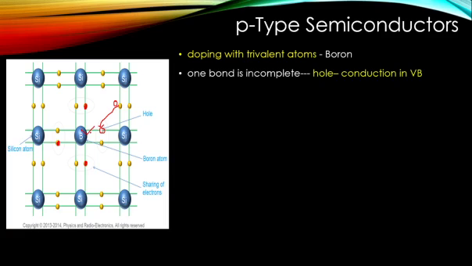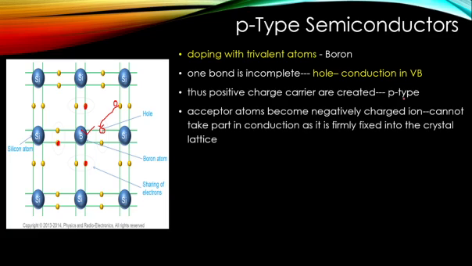So in the case of a p-type semiconductor, one bond is incomplete, and that is called a hole, which will enable conduction in the valence band. Since there are positively charged carriers, they are said to be p-type semiconductors.